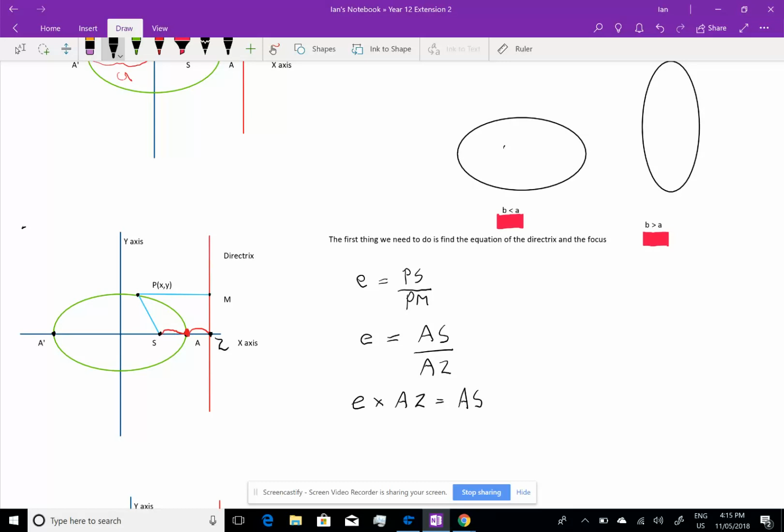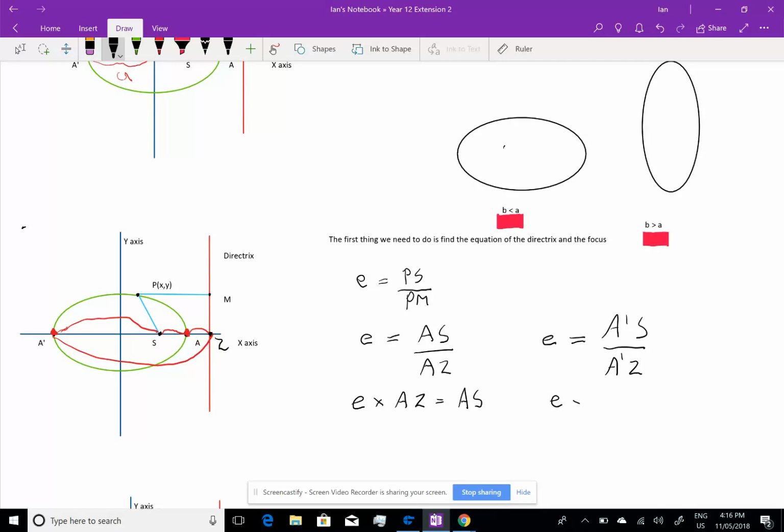Well, let's take another arbitrary point. Let's take this point over here, which is A dash. Well, by the same definition, the eccentricity, this distance, A dash S, should be the same as A dash Z. So A dash S on A dash Z. And then we'll get the same thing over here if we multiply that A dash Z across.